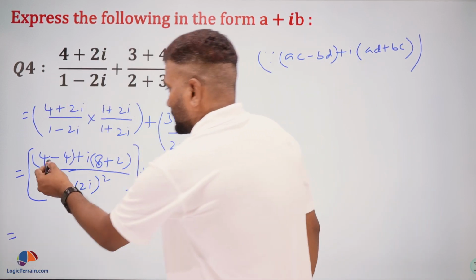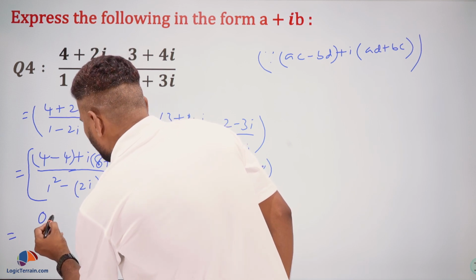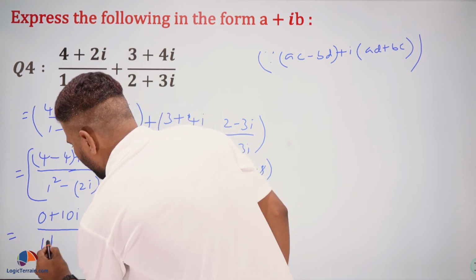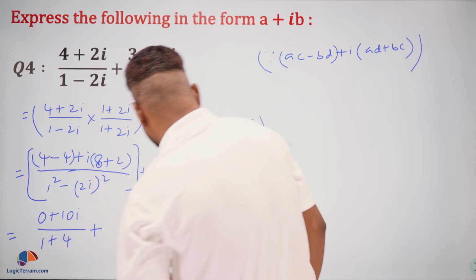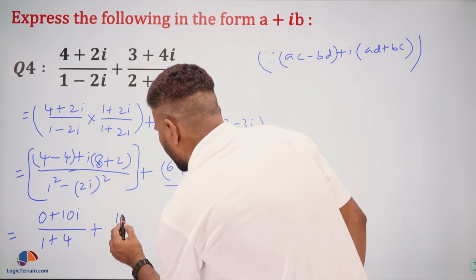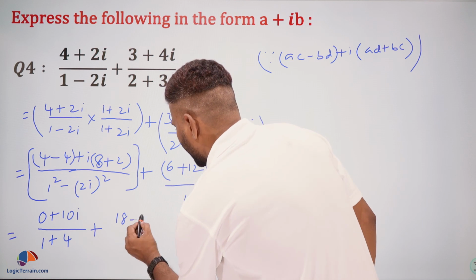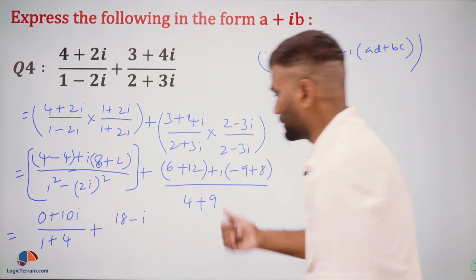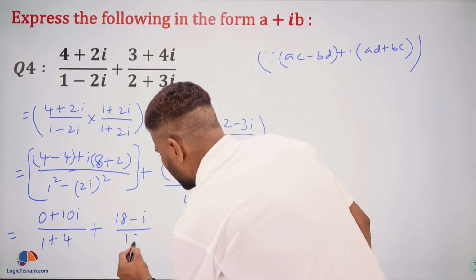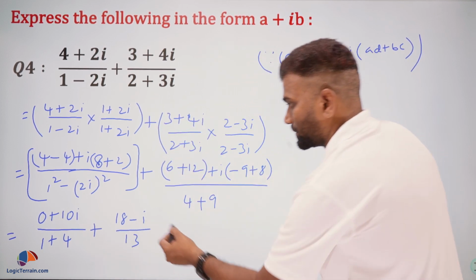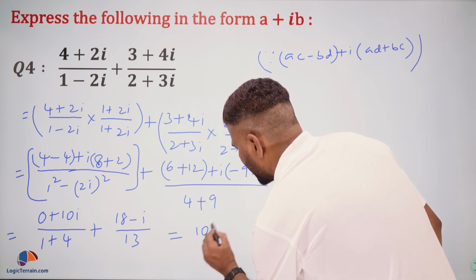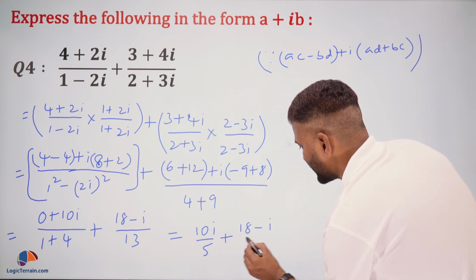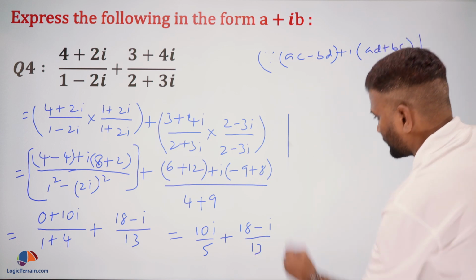Further this is 0 plus 10i upon, this becomes 1 plus 4, plus here 18, negative I, negative 9 plus 8 becomes negative 1, negative 1 into I negative I, this is 13. Further this becomes 10i upon 5 plus 18 minus I upon 13.